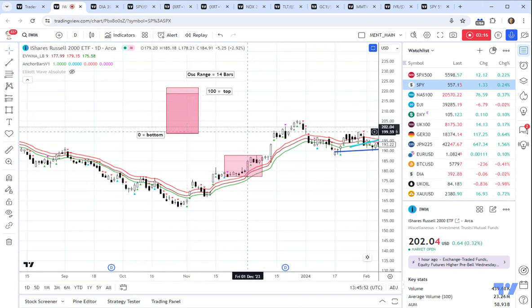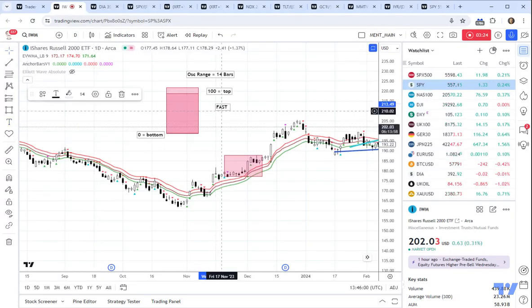Okay, so now the way stochastics work, this is what is called fast K. Fast K is the immediate stoch values.